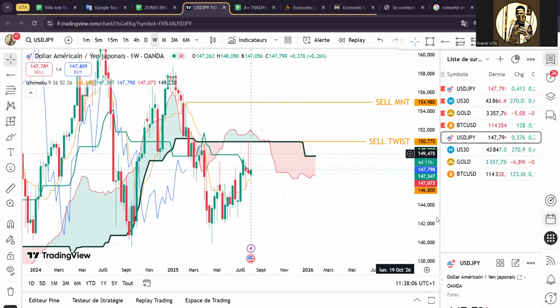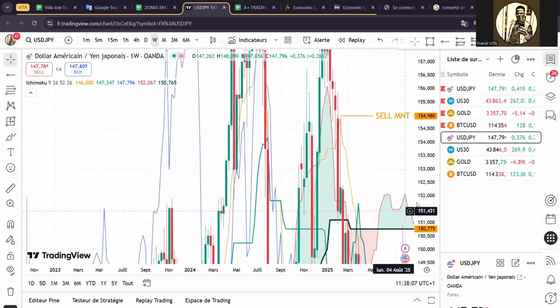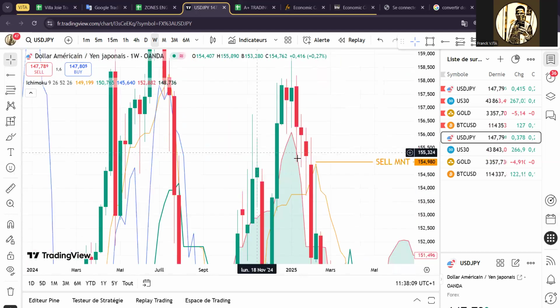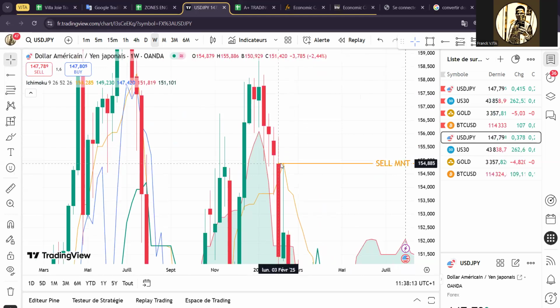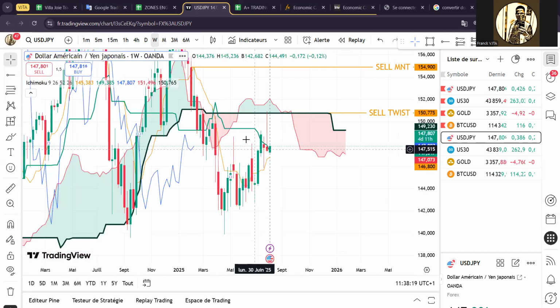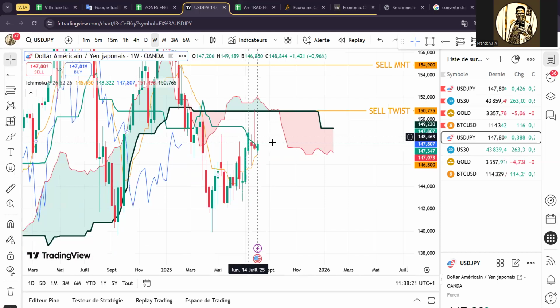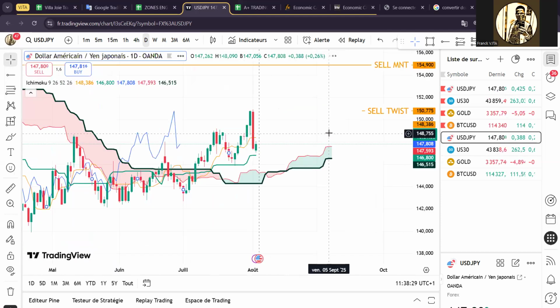Okay, let me place this mountain very clearly. This is it directly here. So I have this, and for the weekly that is cool. We have the zone above.